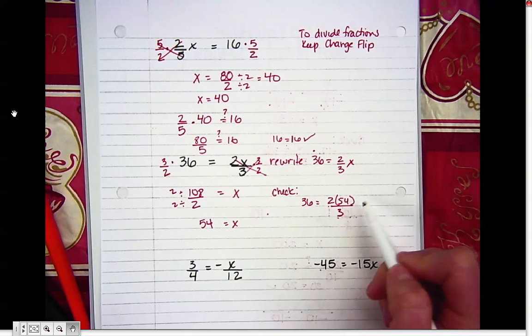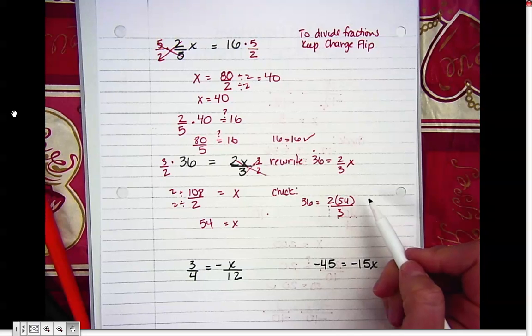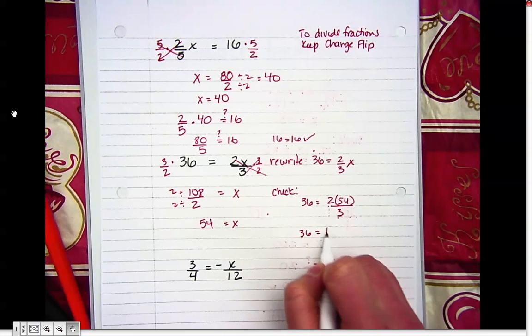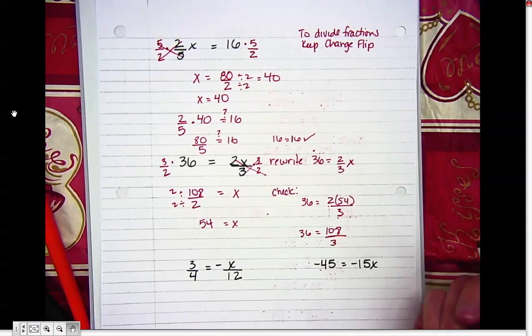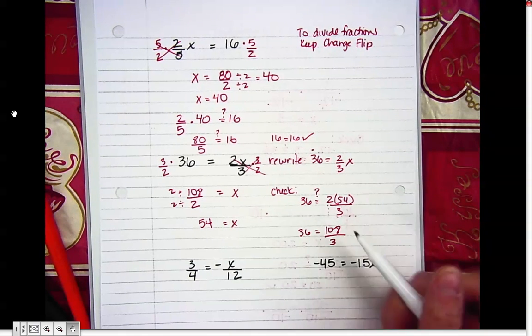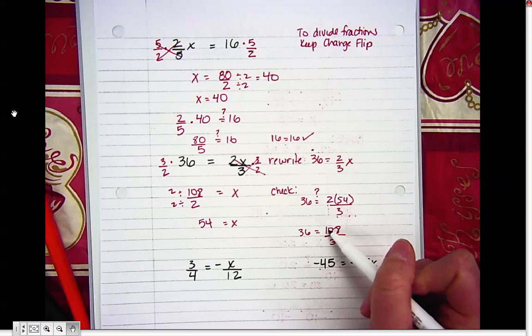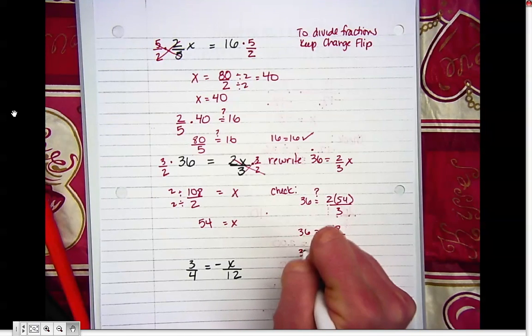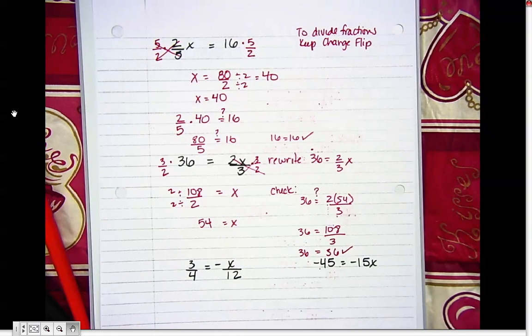Well, 2 times 54 is going to give me 108. So now I have 36 equals 108 over 3. And let's see, 3 goes into 10 3 times with 1 remaining. 3 goes into 18 6 times. So yes, it does work.